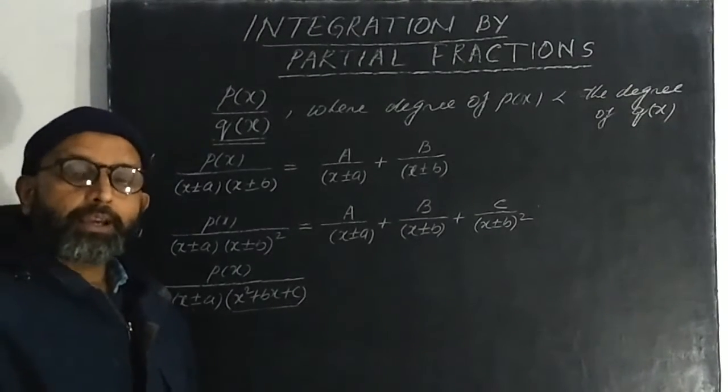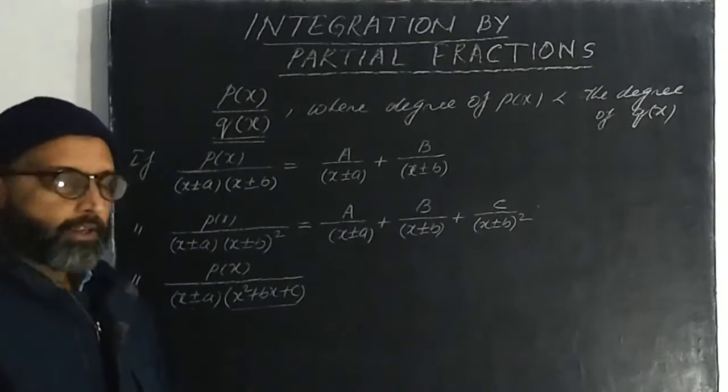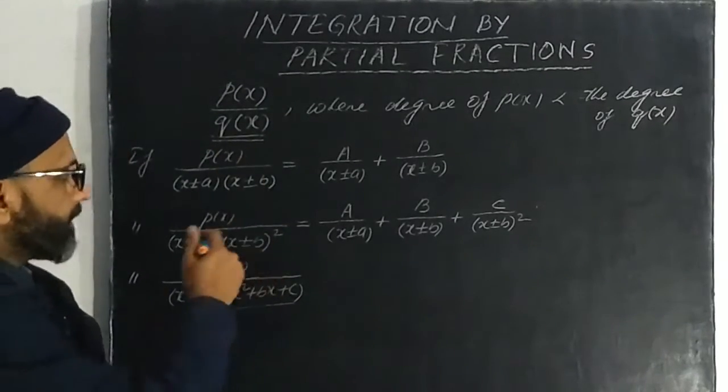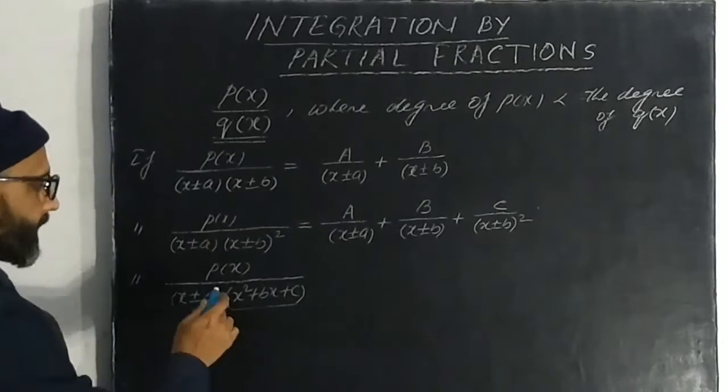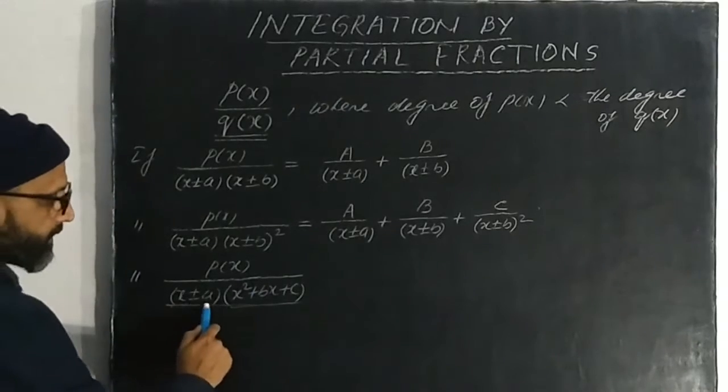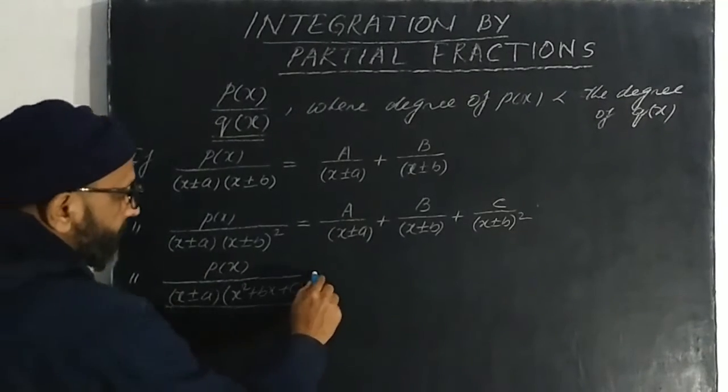So if it can be factorized, then first we need to factorize the expression, then we apply one of these cases. So this is the third case, when the denominator can be factorized or is already given in the same form.